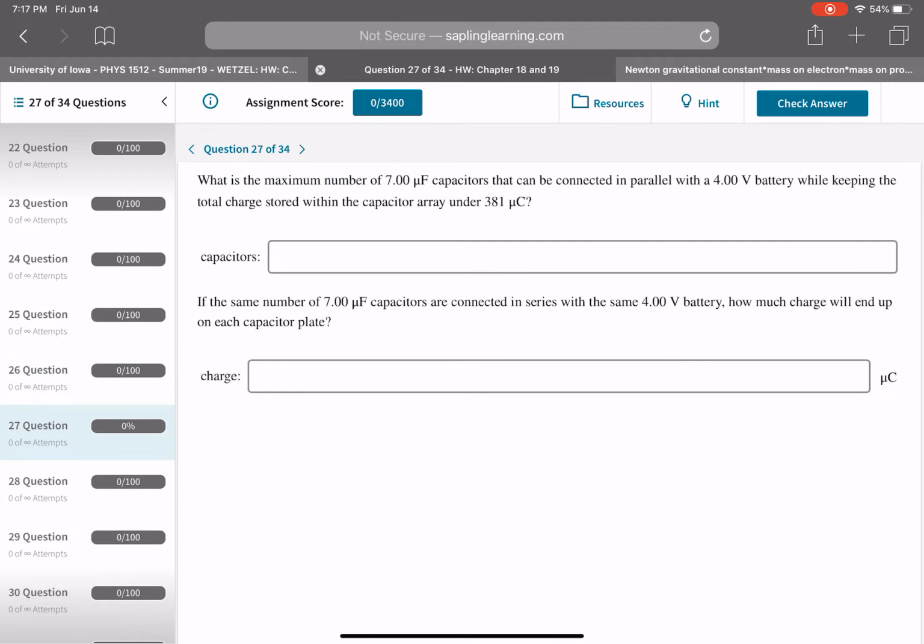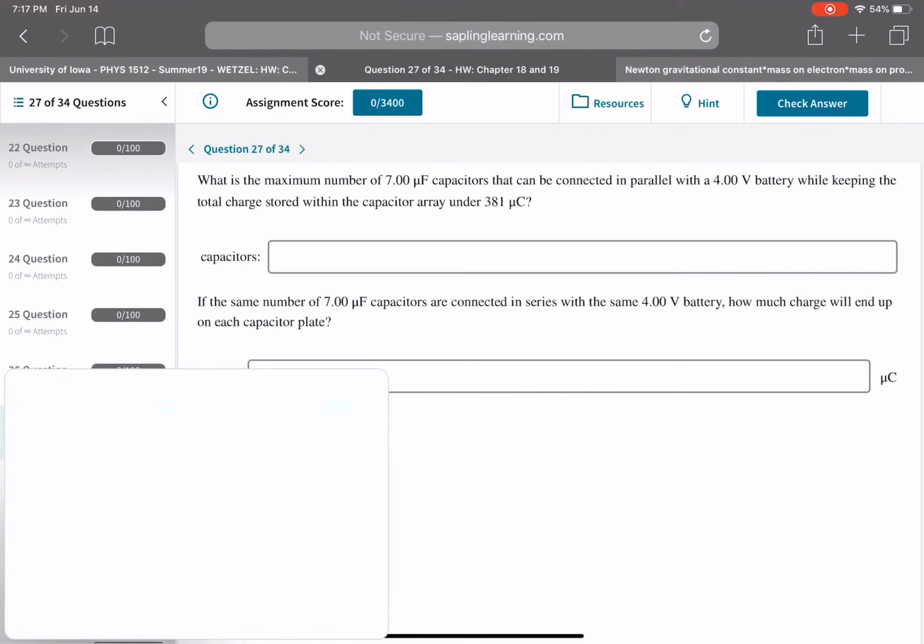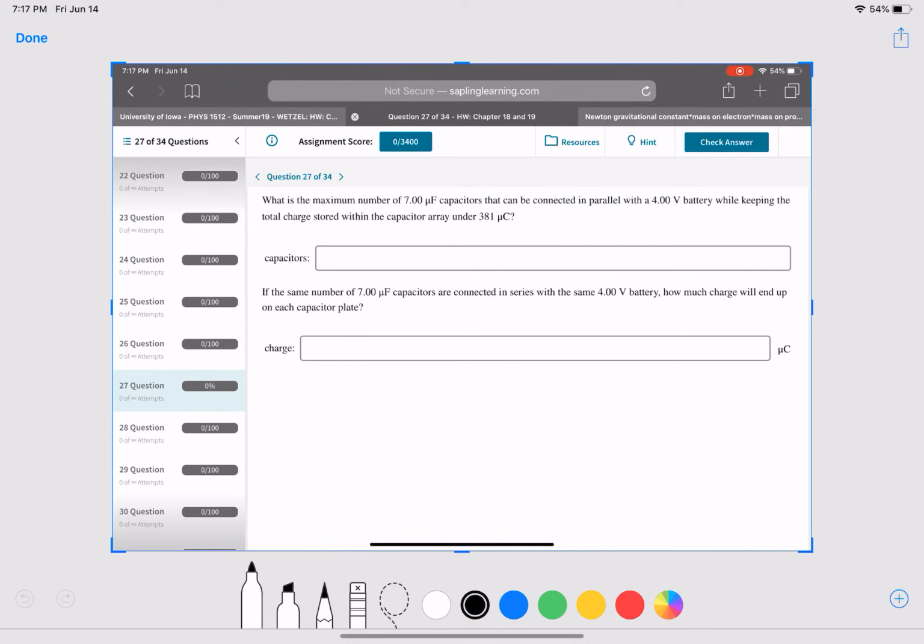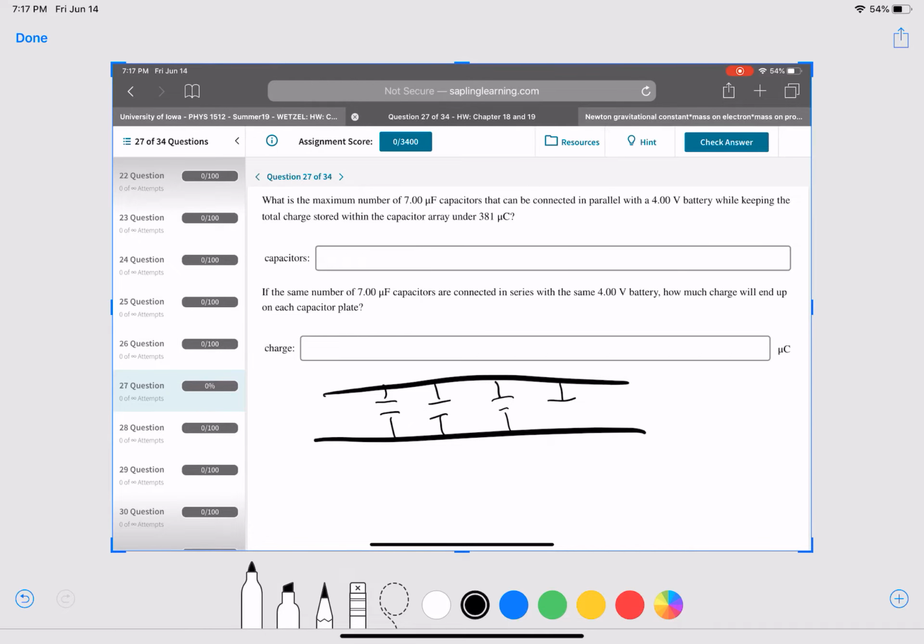Okay, 27. What is the maximum number of 7 microfarad capacitors that can be connected in parallel with a 4-volt battery while keeping the total charge stored within the capacitor array under 381 microcoulombs? Okay, so they're asking in parallel. So you're going to hook a lot of capacitors in parallel like that.